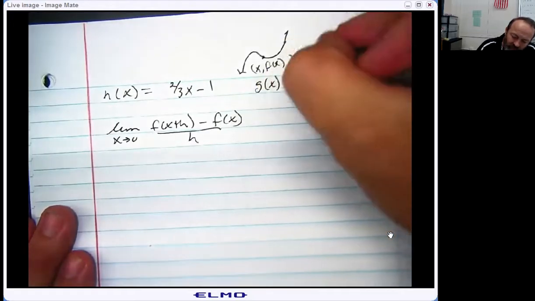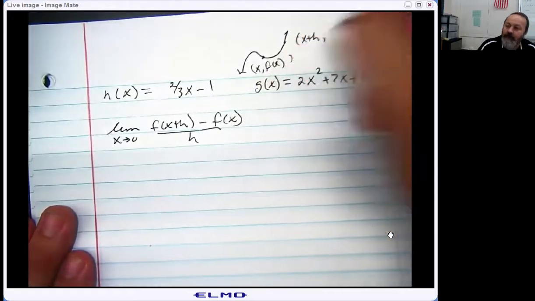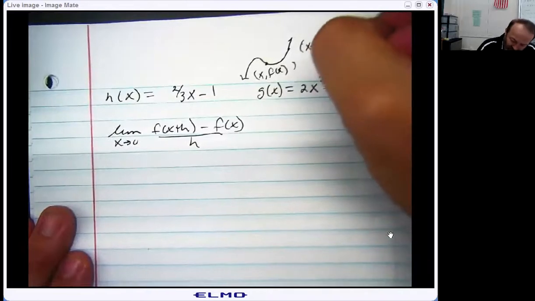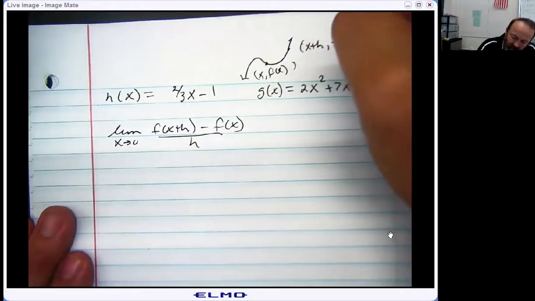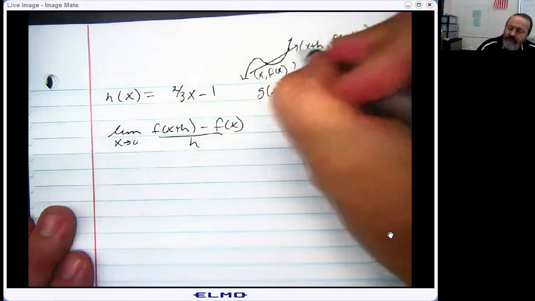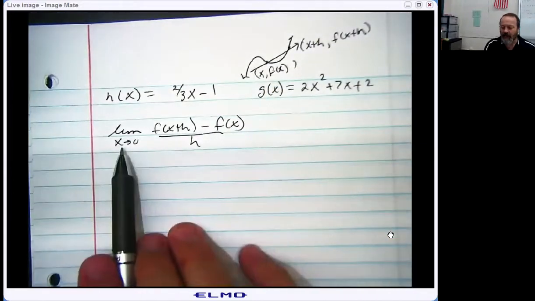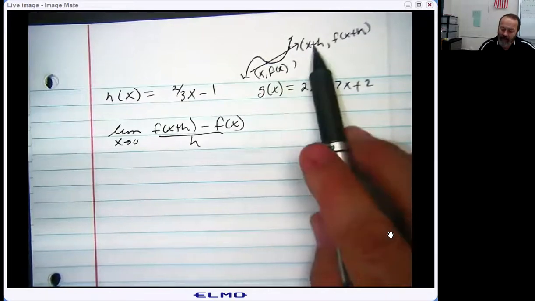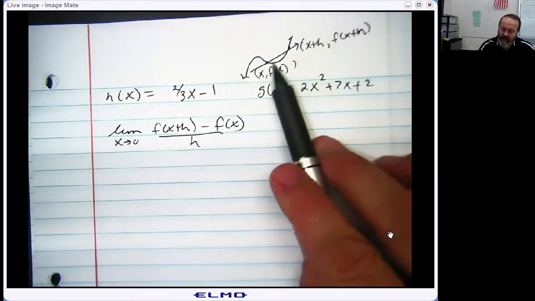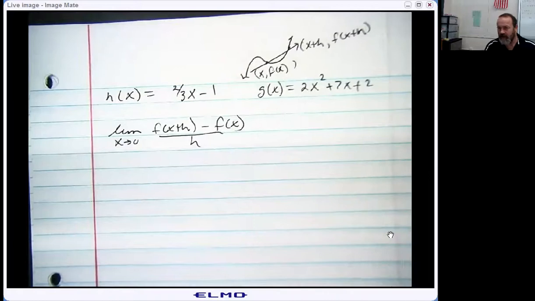And if we move to the right h units, that would be x plus h and f of x plus h. If we were to connect the dots with those, that would give us our average rate of change. But if we apply this limit right here and we suck h down closer and closer to 0, that would be called our instantaneous rate of change.